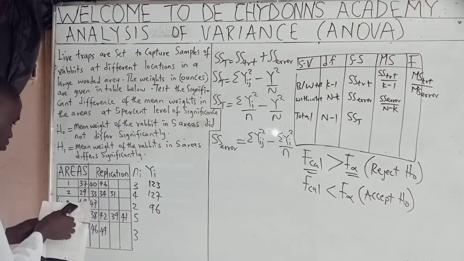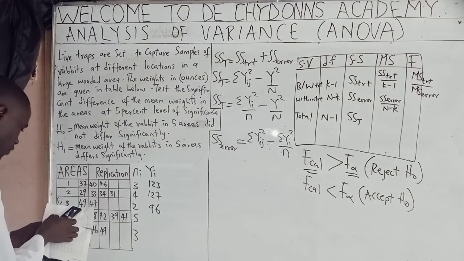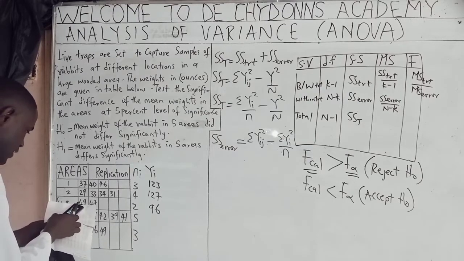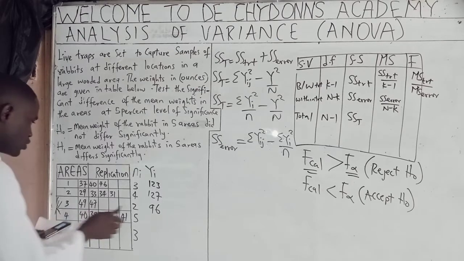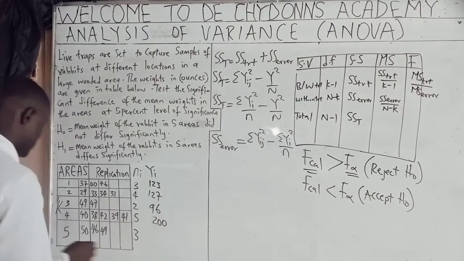The next one, 40 plus 38 plus 42 plus 39 plus 41. We'll be having 200.